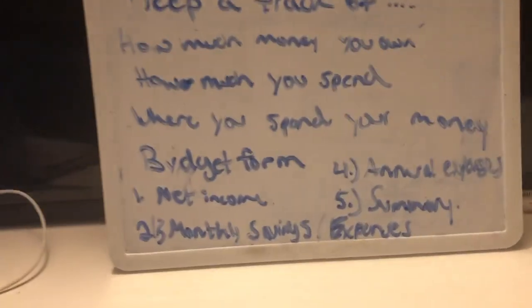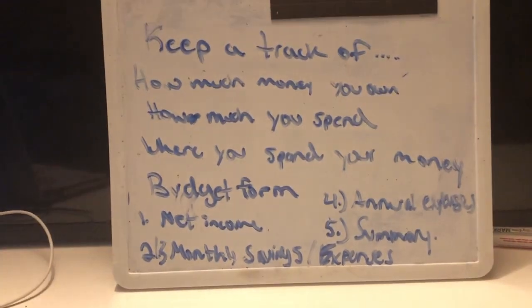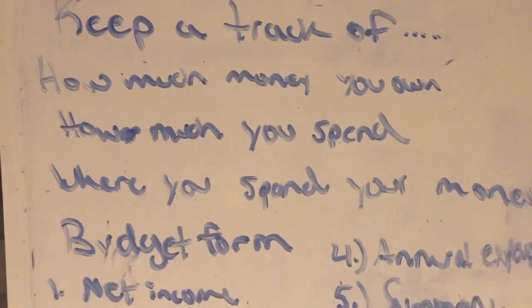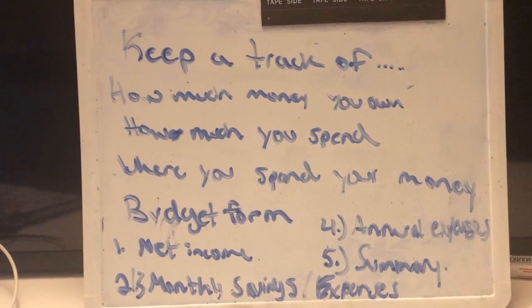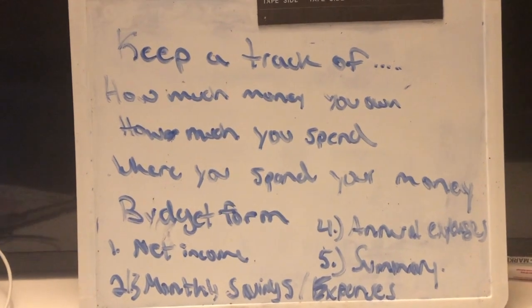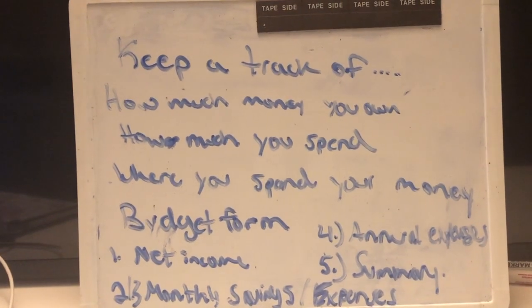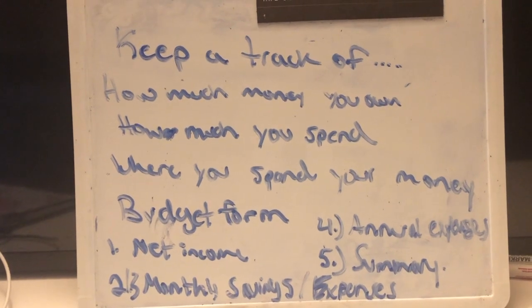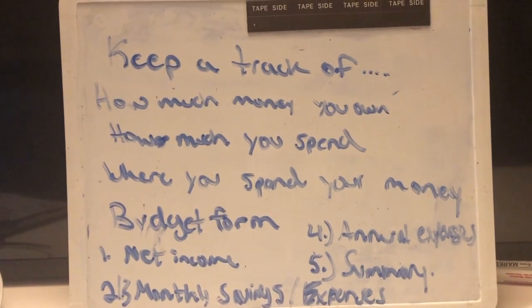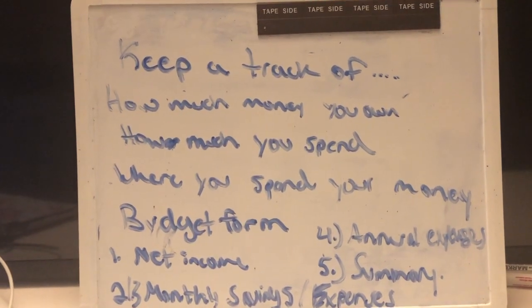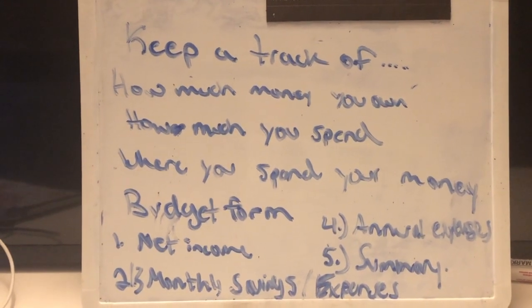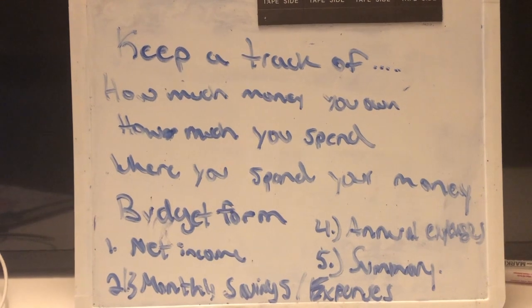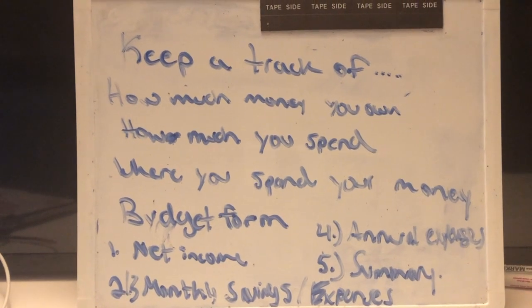So the three things we want to keep track of start with how much money you earn. That's a very important thing to understand because, as I said before, you need to keep track of your income. If you're making very little income, then you should really think about how much you spend. That affects how much you spend.